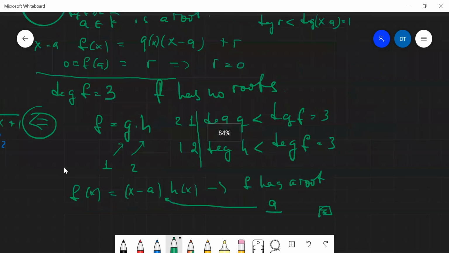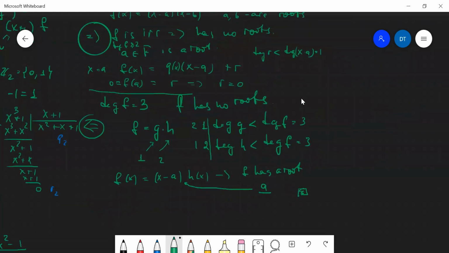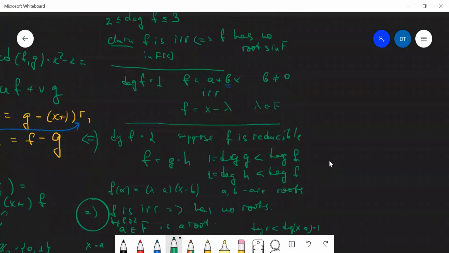So this explains that if you want to find a polynomial of degree 2 or 3 and you want to check that it's irreducible, you just need to check that it has no roots. It's simple to check that some polynomial has no roots because you just substitute all possible values from the field and you check that the result is non-zero. It's much simpler than factorizing a polynomial f into a product of other polynomials. So are there any questions regarding this claim?